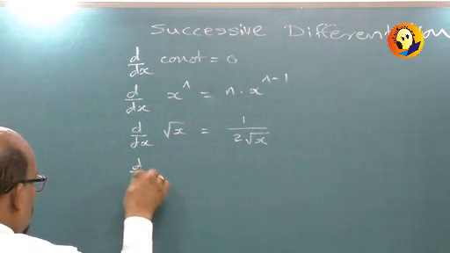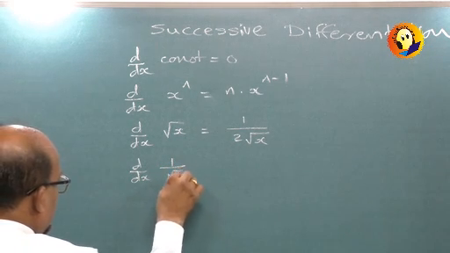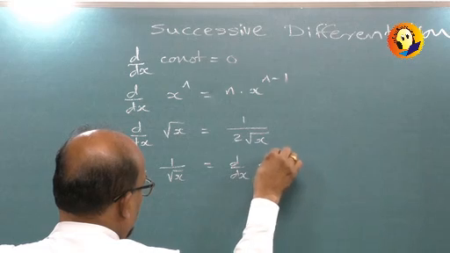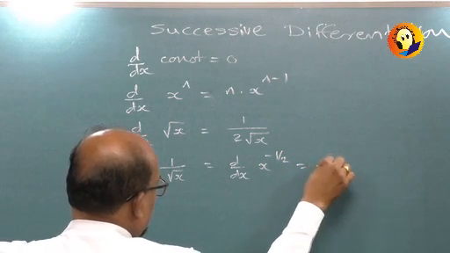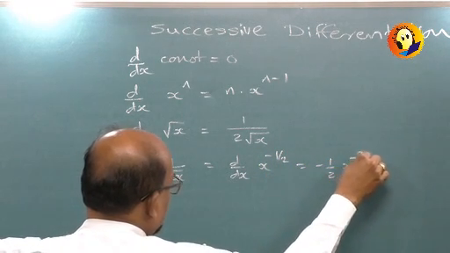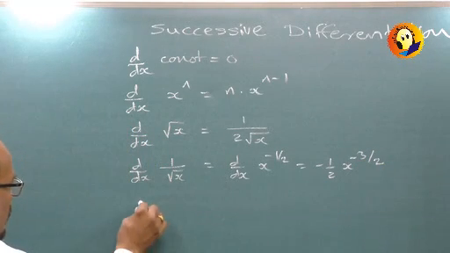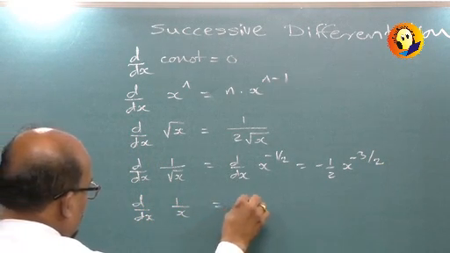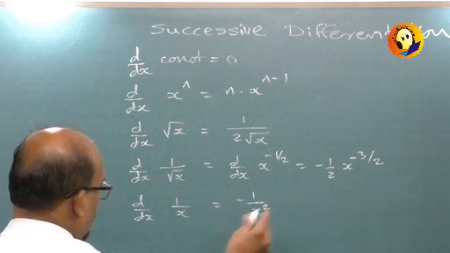D by dx of 1 upon root x is actually d by dx of x raised to minus half, which is minus half x raised to minus 3 by 2. D by dx of 1 upon x is minus 1 upon x square.